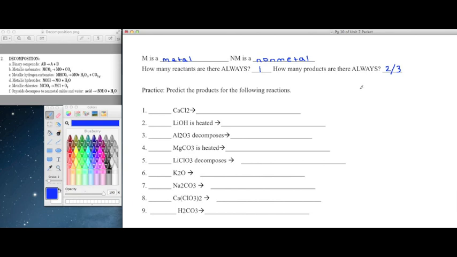So there's one really easy way to distinguish between synthesis and decomposition, since those are the only two types of reactions that we've looked at in detail. If you have one reactant, you automatically know it's going to be decomposition. If you have 2 elements, you automatically know it's going to be synthesis. All right. So what we're going to do right now, we're going to look at a couple of these together and predict our products.